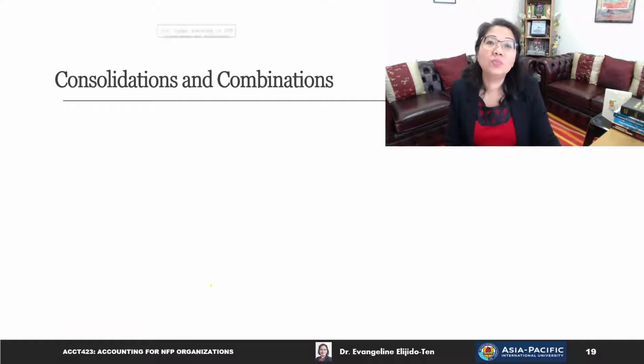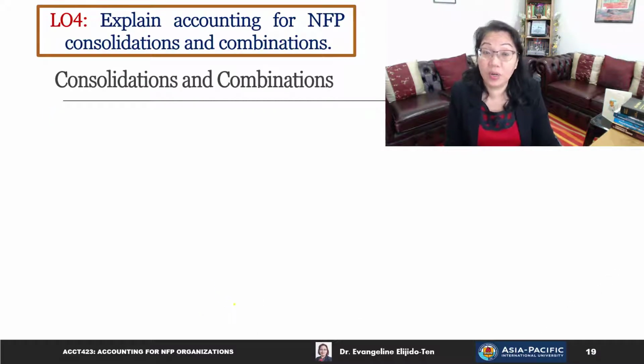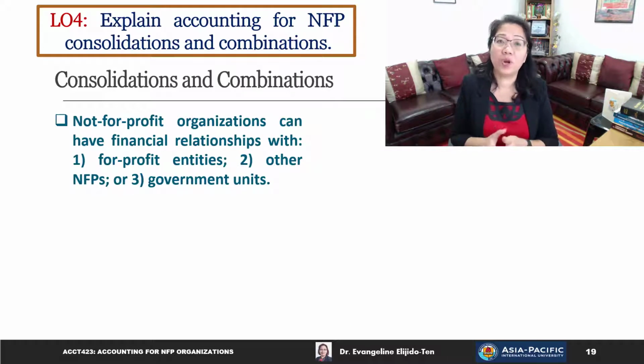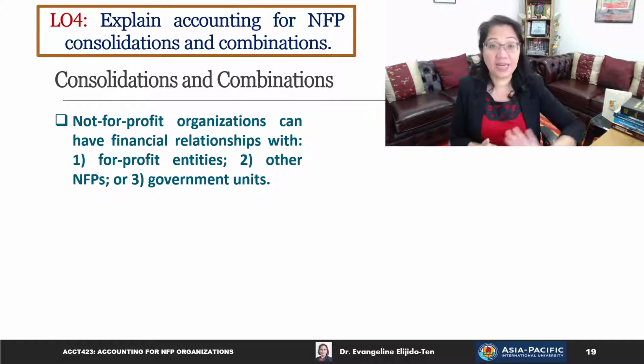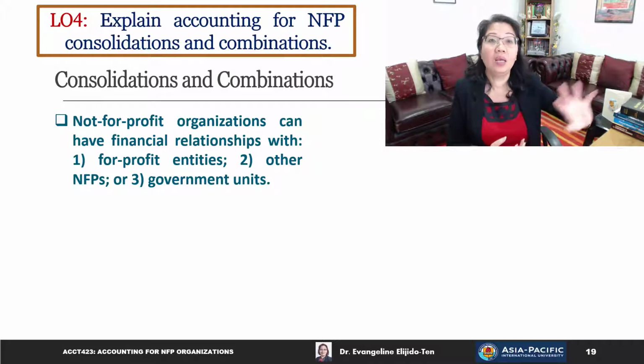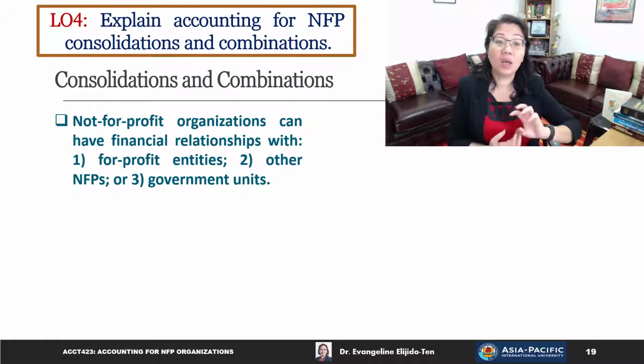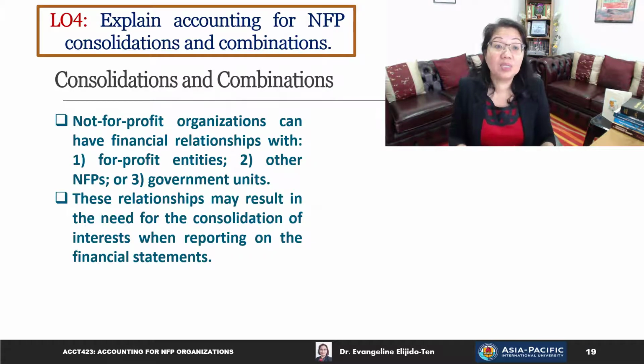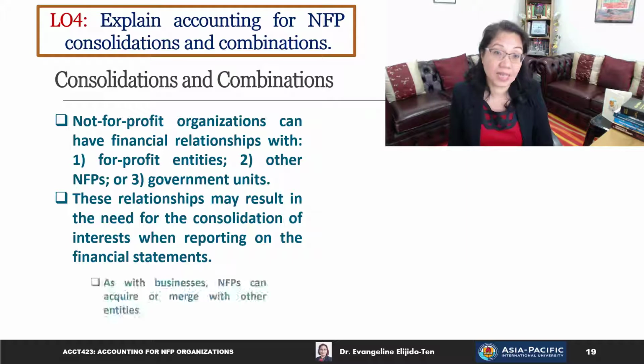Now, let us move to learning objective 4, and this is where we will explain the accounting for NFP consolidations and combinations. A not-for-profit entity can have financial relationships with a for-profit entity, other NFPs, or government units. These relationships may result in the need for sometimes consolidation of interest when reporting on the financial statements.